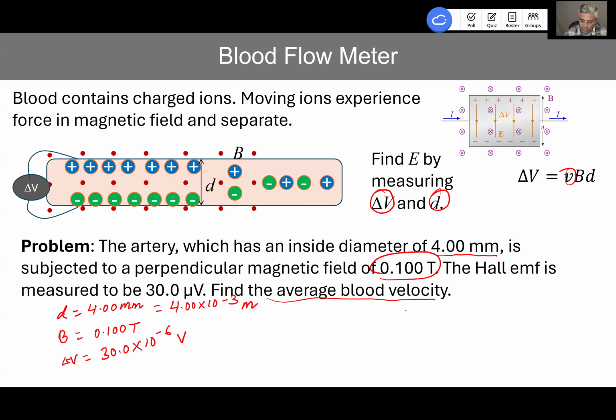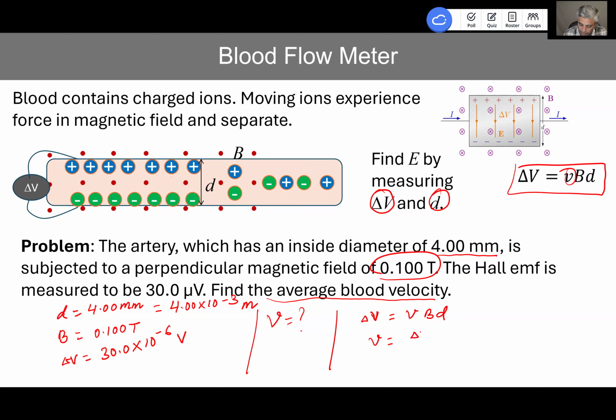And now it's asking what is the average velocity. So basically that velocity in that formula, right? So we can use this formula. Delta V is vBD.